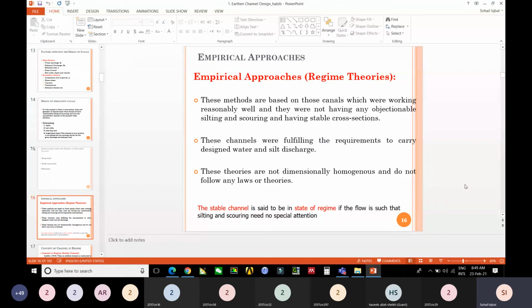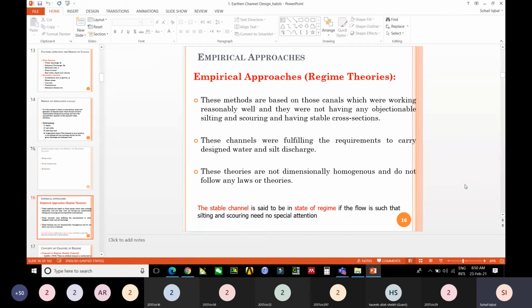Anyhow, this theoretical background will not be applicable for all areas, so there will also be some drawbacks. We will study that in detail in the next 2 to 3 lectures. These channels were fulfilling the requirements to carry the design water and silt discharge. They are working well, with no silting and no scouring, obtaining maximum discharge at the outlet, and they are efficient.